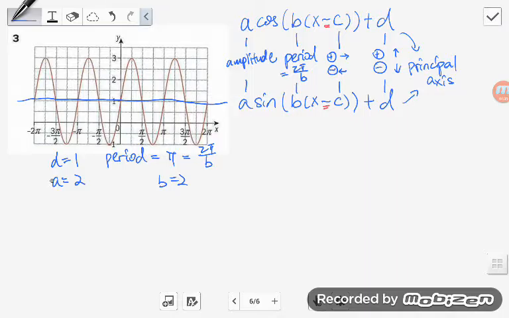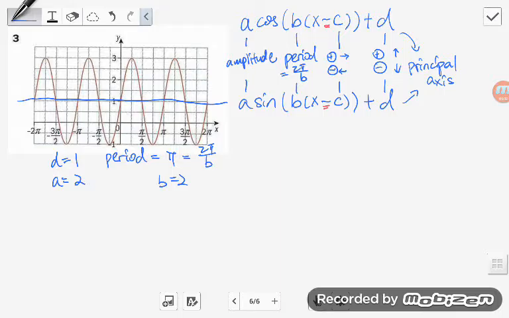So I got my A, and I got my B. Now for C, which is the horizontal translation. If we were to figure out the sine equation for this graph, I will have to compare the graph that we have right now with a typical simple sine graph.